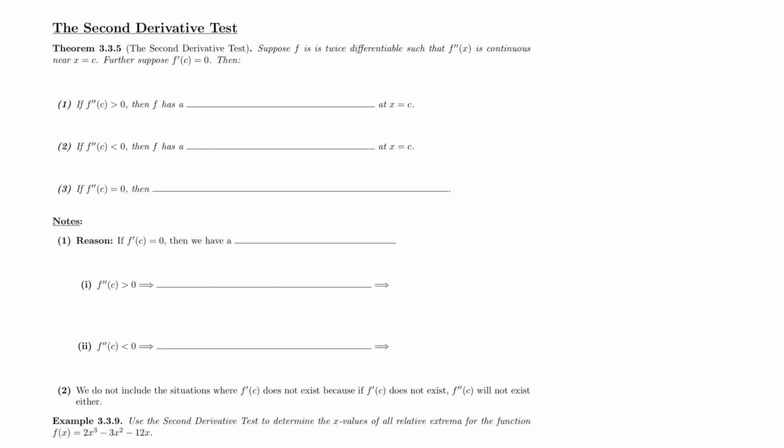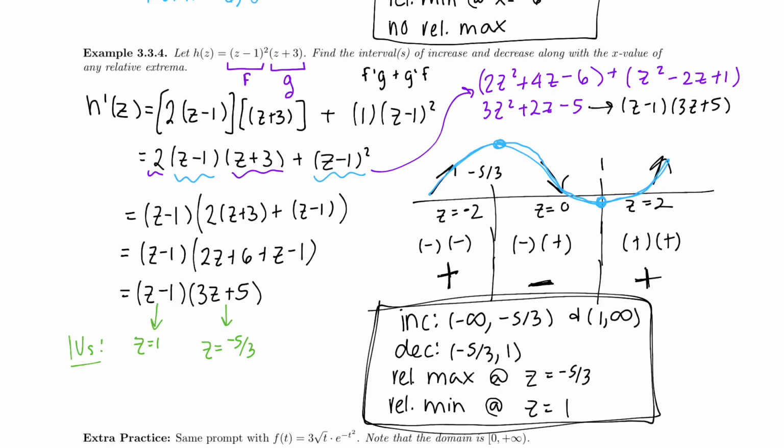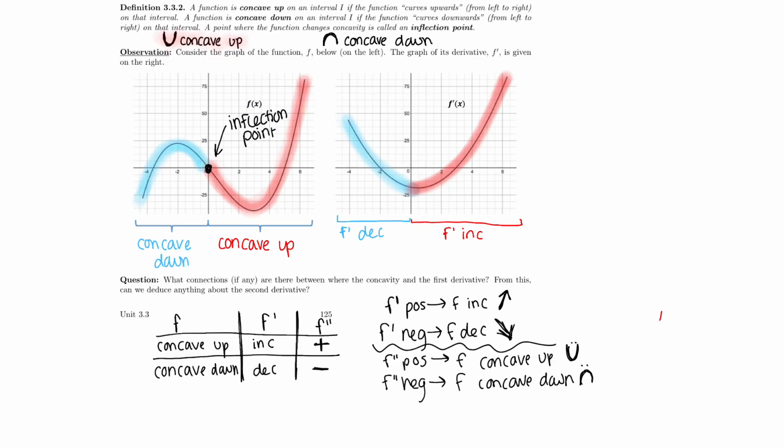All right, so the second derivative test says, hey, I know you've been finding maxes and mins where you make a sign chart and do all that fun stuff, and that's cool. You can totally do that. But we know with concavity the shape of the graph at that point.